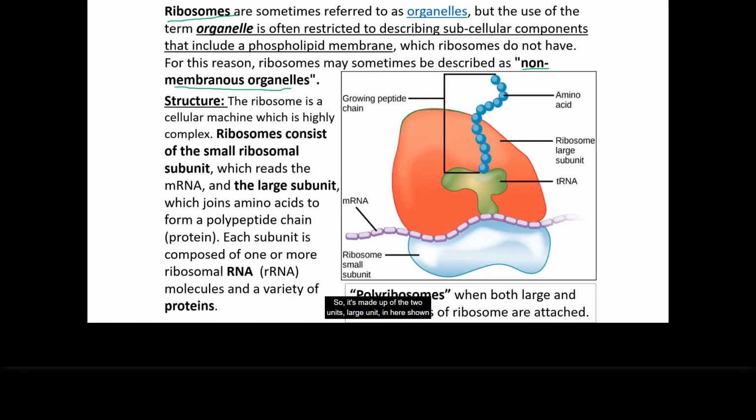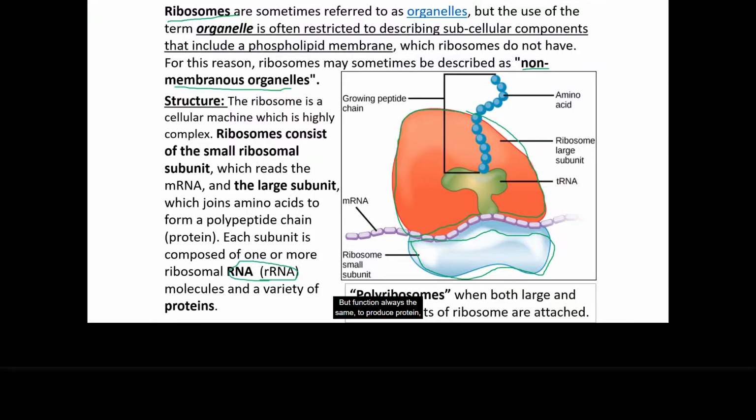So let's see what the structure of this is. It's made up of two units: a large unit, shown here in red, and a small unit, shown in the diagram in blue. These units of the ribosomes are made up of different ribosomal RNAs, which are not shown here.